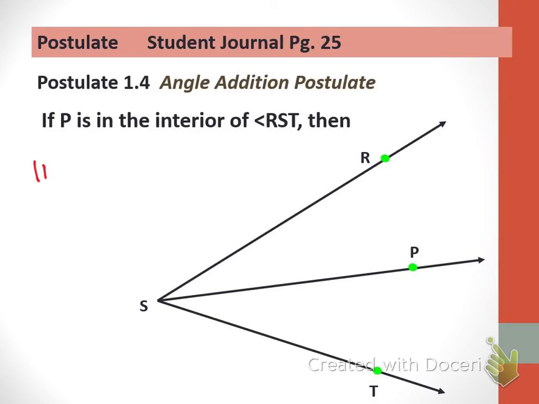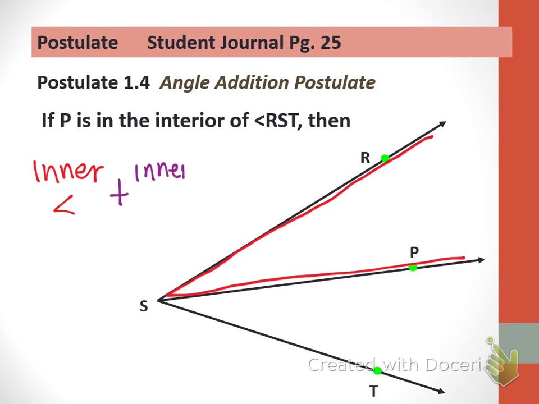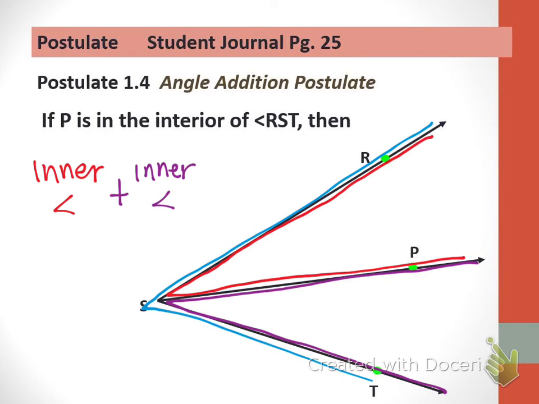We're going to write the inner angle, which is this angle, plus the inner angle, which is this one, equals the outer angle. So the inner plus the inner equals the outer. And that's what we'll write, because it's just less complicated.